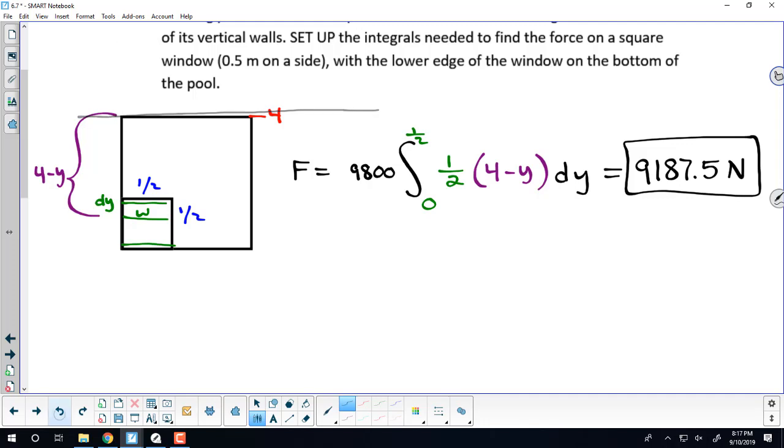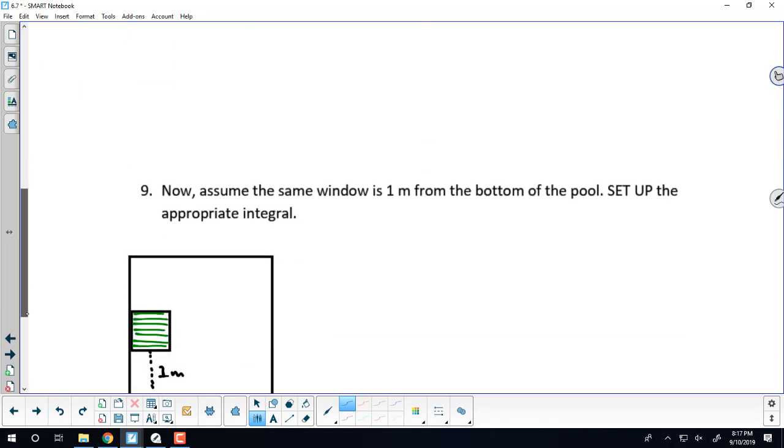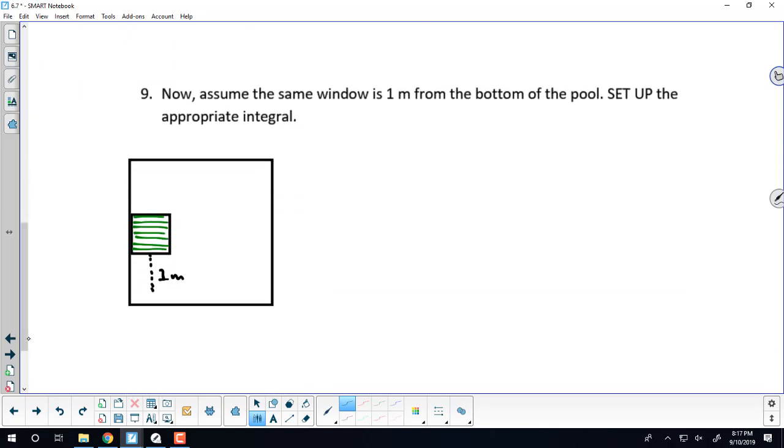So I would just go with setting up things how you would normally look at them, and try to utilize symmetry if you can. We didn't really need symmetry here because the width is always the same. It's always 1/2, so we didn't need to think about a defining function for a varying width.